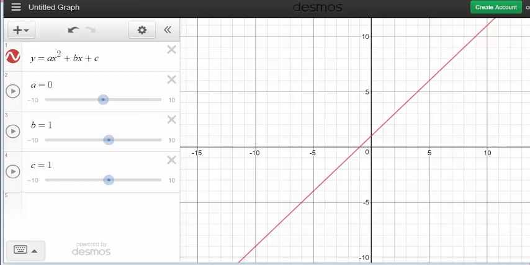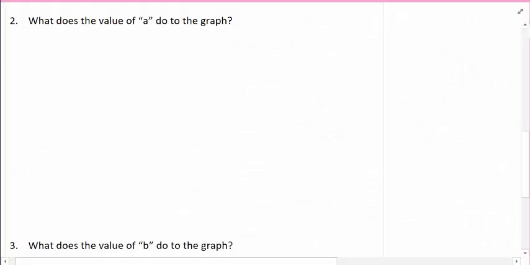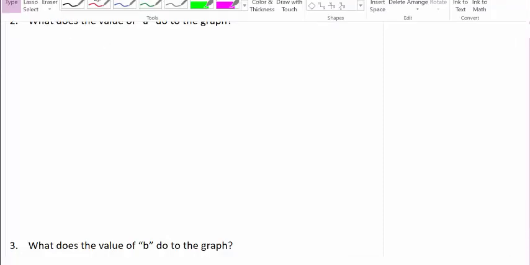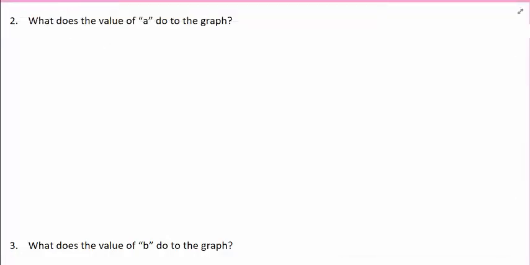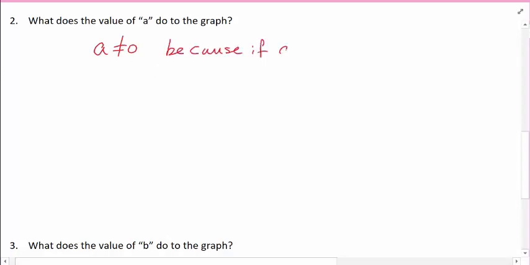Okay, so let's write that down in our notes. So in standard form, we cannot have a equals 0, because if a equals 0, then it becomes a linear relation.